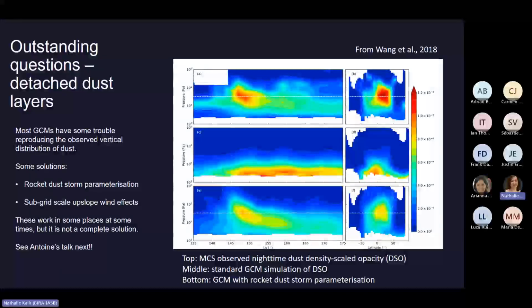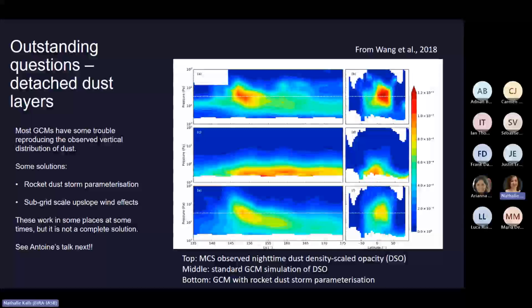So this is MCS observed dust density scaled opacity, and so this is sort of in time, and this is a latitude height plot. So you see this like blob, and without rocket dust storms, you don't get the blob. With rocket dust storms, you get a blob. So that's a good result. From what I understand, it works a lot.